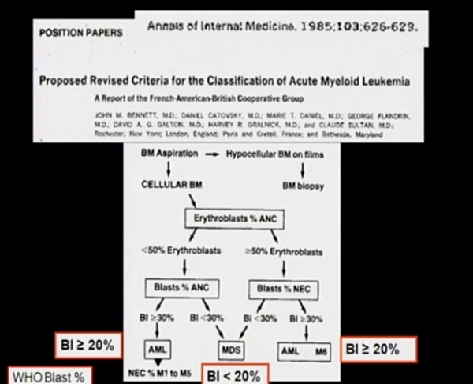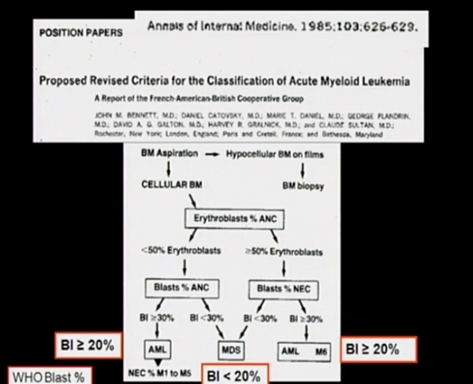This is a slide from the paper of the FAB, and in the new WHO classification, this pathway is recommended. We will go through this because I don't know how many of you perform percentage in the NEC context or in the ANC context.